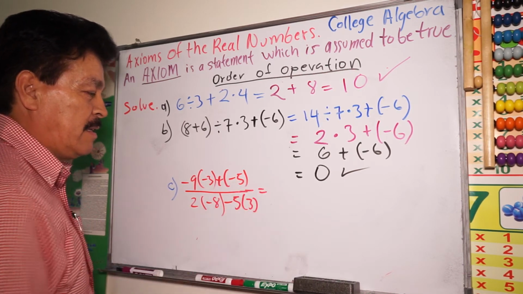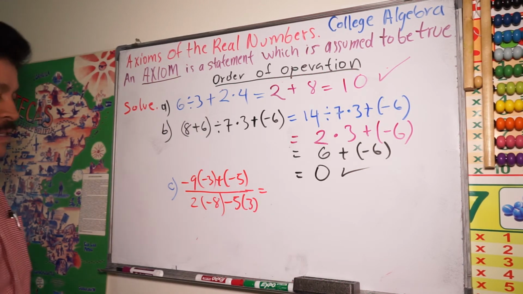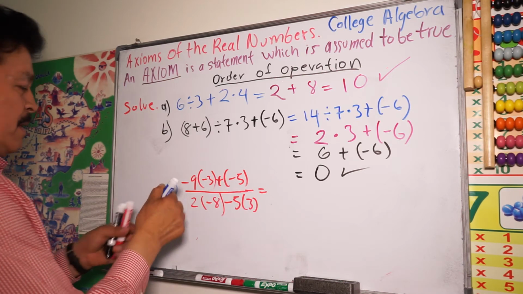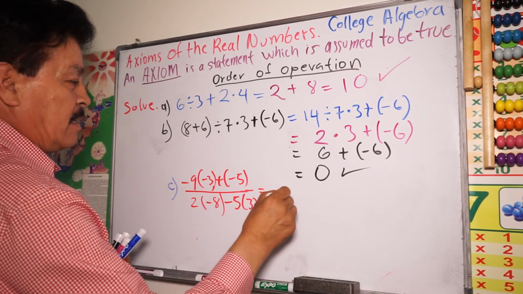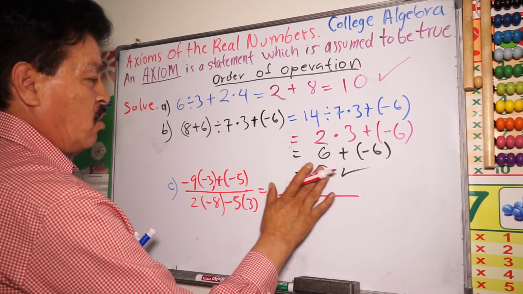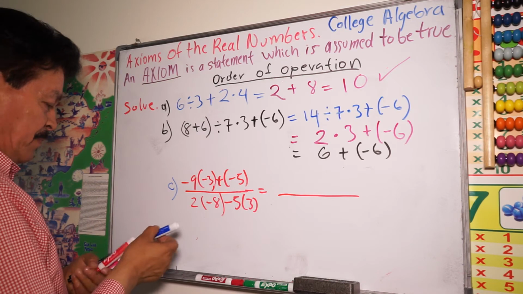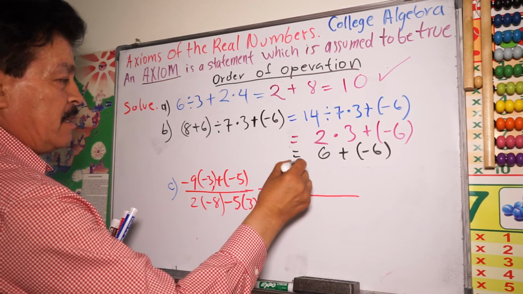All right, that's it. Solve it. So the first step, parentheses, okay, on top, and then the denominator.